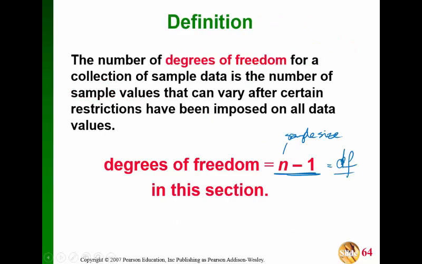The degrees of freedom will help us find the critical value t sub alpha over 2.